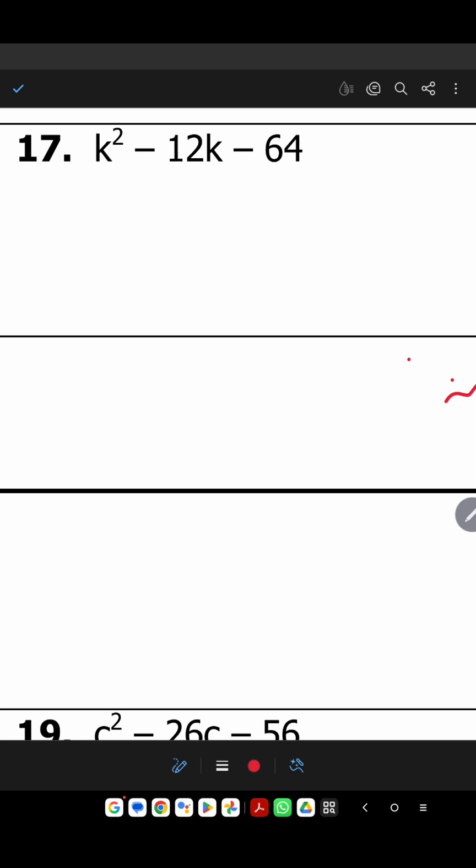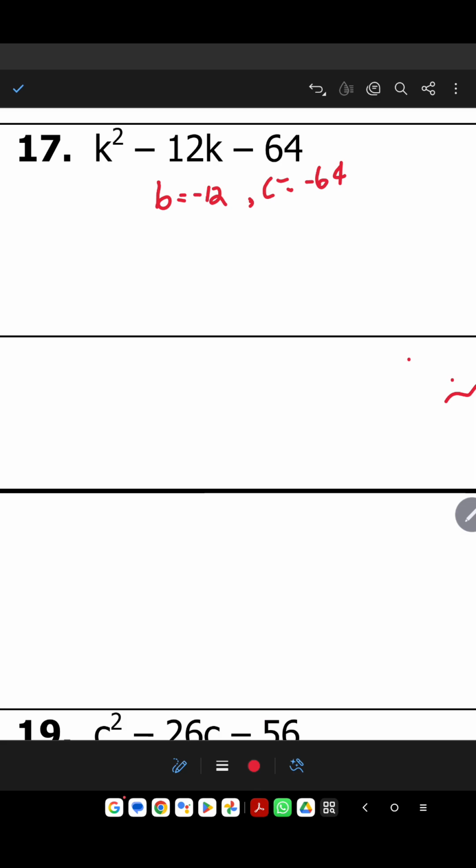In this case, we are looking at k. All right, cool. So our b here would be negative 12. And our c value would be negative 64. So what we have here, ladies and gentlemen, is that we have to find factors of 64 whose sum is equal to negative 12.